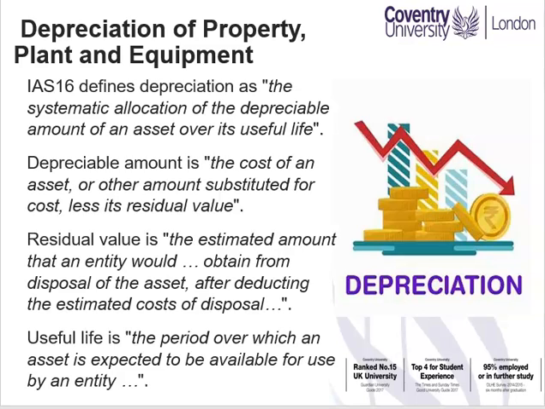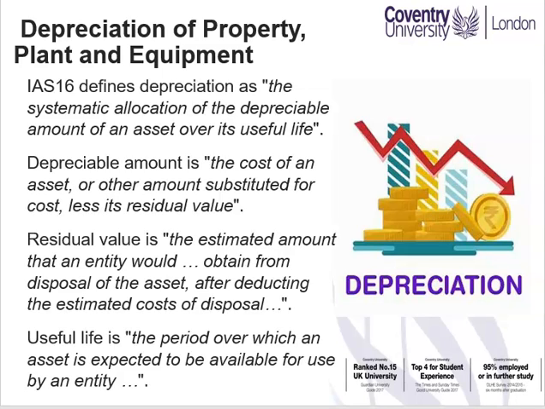Depreciation of property, plant, and equipment. IAS 16 defines depreciation as the systematic allocation of the depreciable amount of an asset over its useful life. Now, first of all, let us clear the misconception that depreciation is a loss of value. Depreciation is not a loss of value as we know it in normal terms.